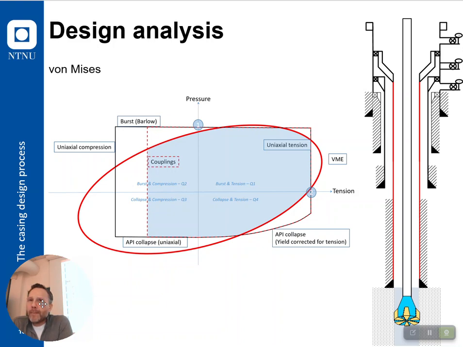The red, big or fat oval is the von Mises. It's called triaxial stress. What is a little bit weird is that theoretically, and you will actually see this also in North D10, that they have made this mistake.